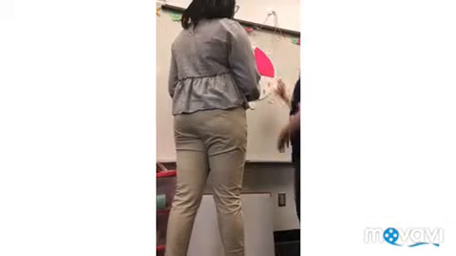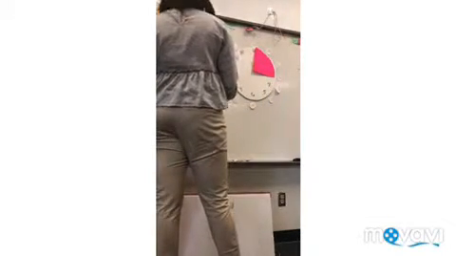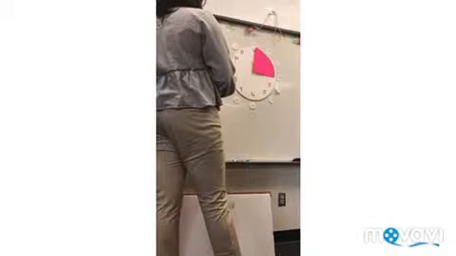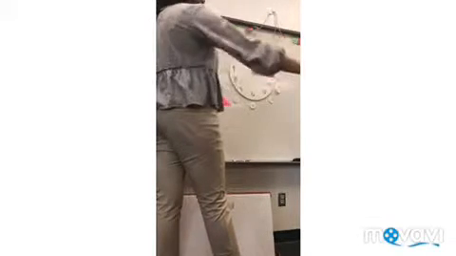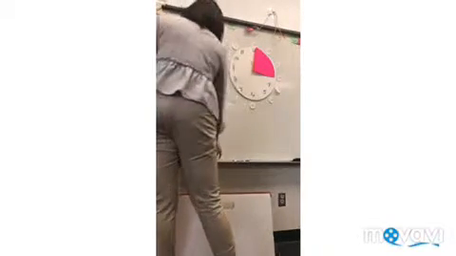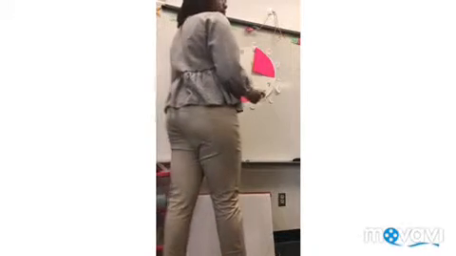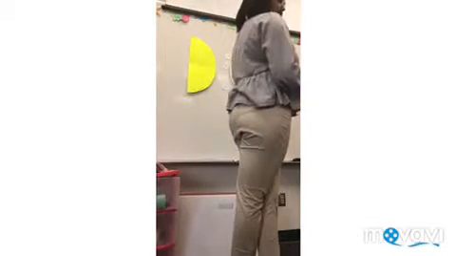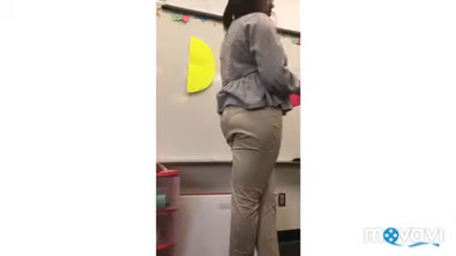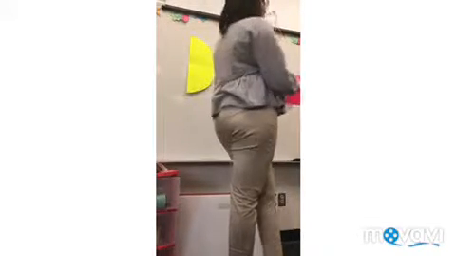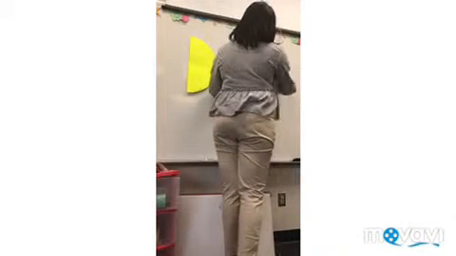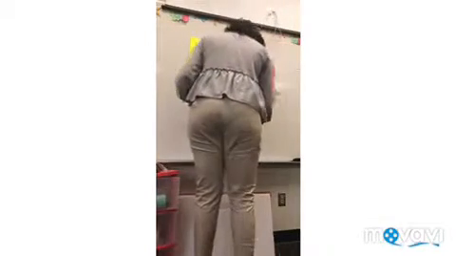Good job. That's 1/4. How many parts are in a fourth? So when I split a circle into fourths, how many parts are there? 4. There's 4, so there's another part, and there's one more.